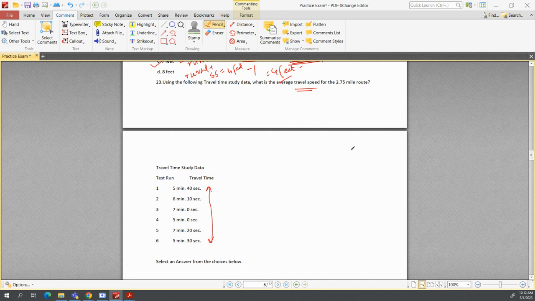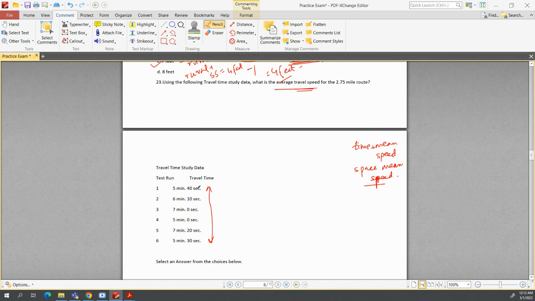This is very important. Two other concepts: what is time mean speed, and what is space mean speed. Since they have given you the travel time, that means they want you to find the space mean speed. Although they haven't mentioned it, they just said average travel speed.